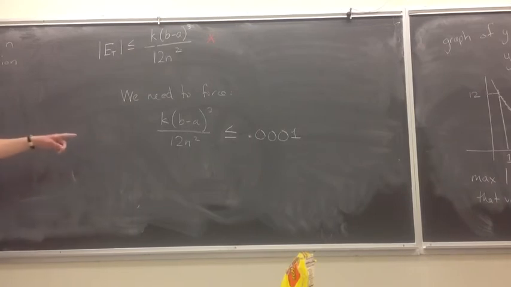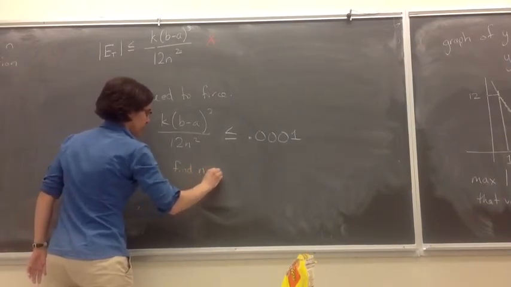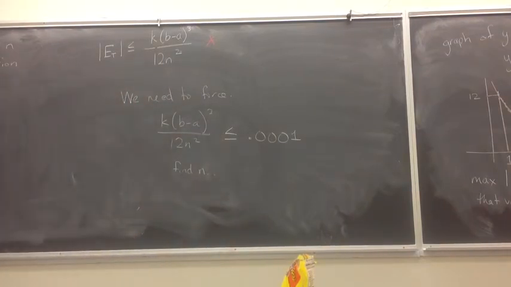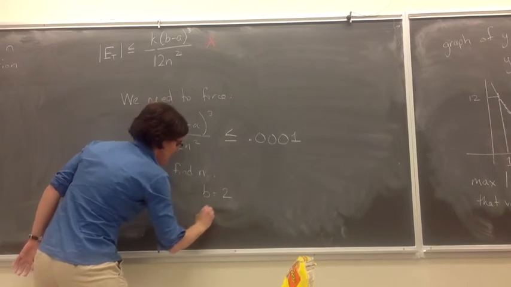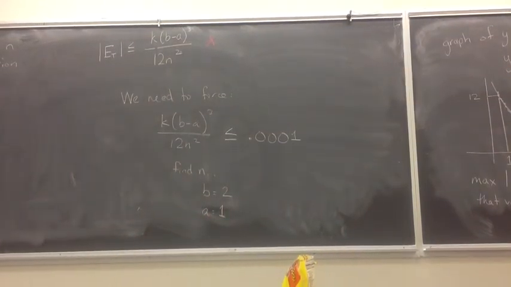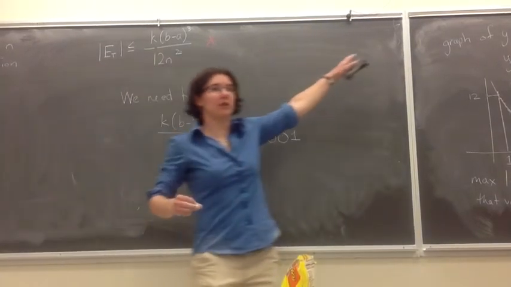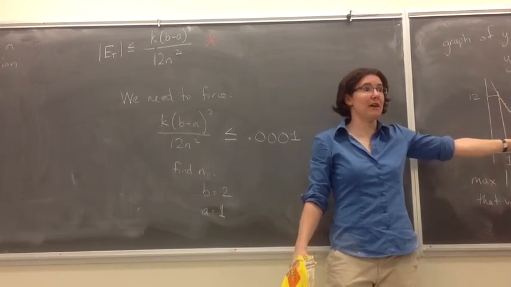We can fill in some information. We're trying to solve for n. Things that I can fill in right away: my b value, which is 2, and my a value, which is 1. If I was starting from scratch, I'd have to go back and find my f double prime, graph it, and figure out my k value.